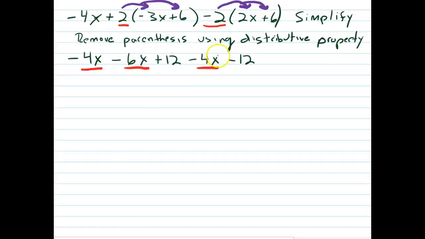And then take away another 4x, I'm at negative 14x. Then I look at what I've got for the constants here, and I've got a plus 12 and a minus 12. And plus 12 minus 12 is 0. So this whole expression simplifies down to a negative 14x.